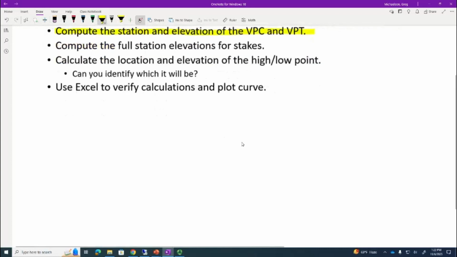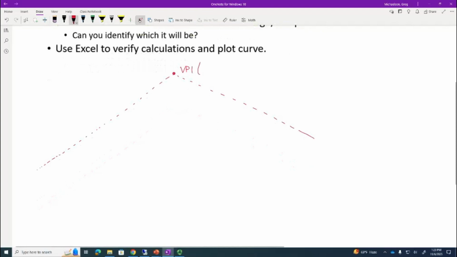So what I'm going to do is indicate a point right here, and I'm going to call this the VPI. Now we're given the elevation of the VPI, and we're given it as 853.48.